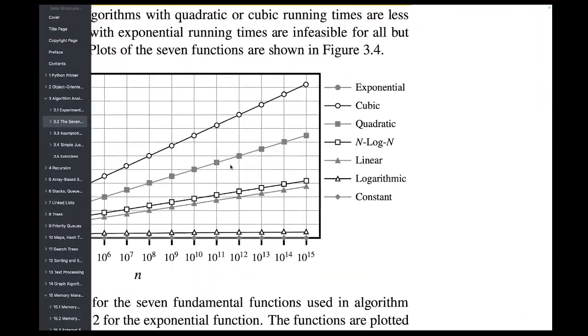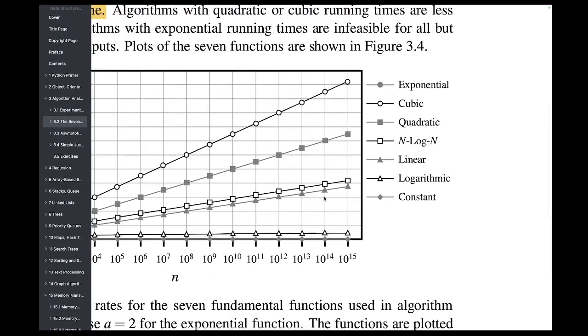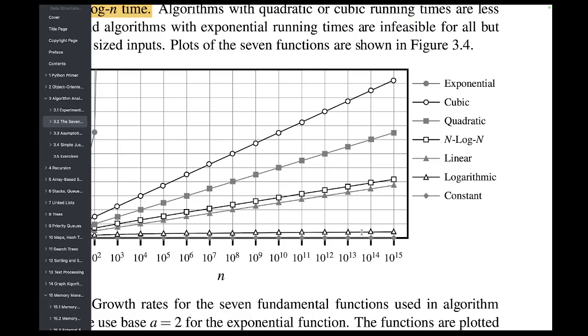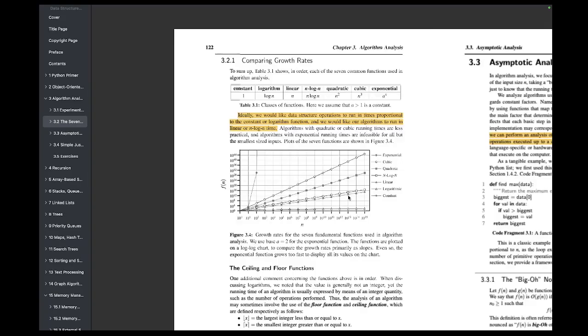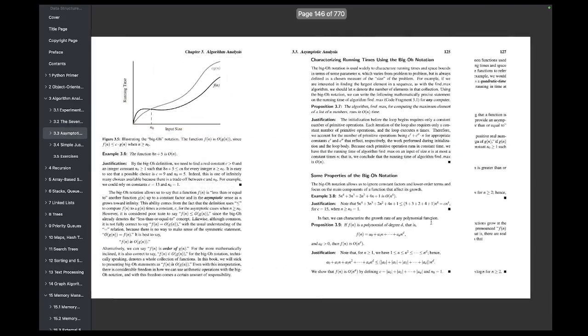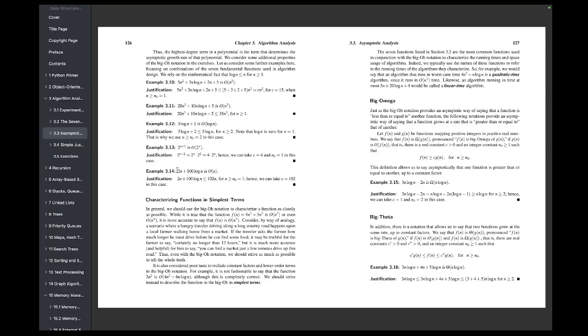Log n is faster. Oh, this is logarithmic. This is linear. Oh my god, I'm stupid. Okay. Okay, that makes sense.